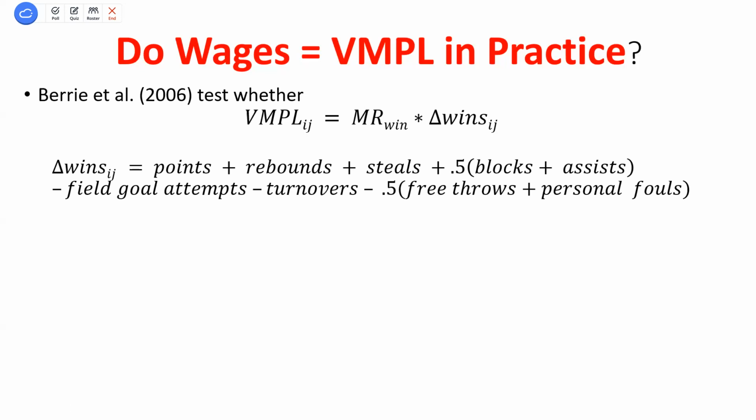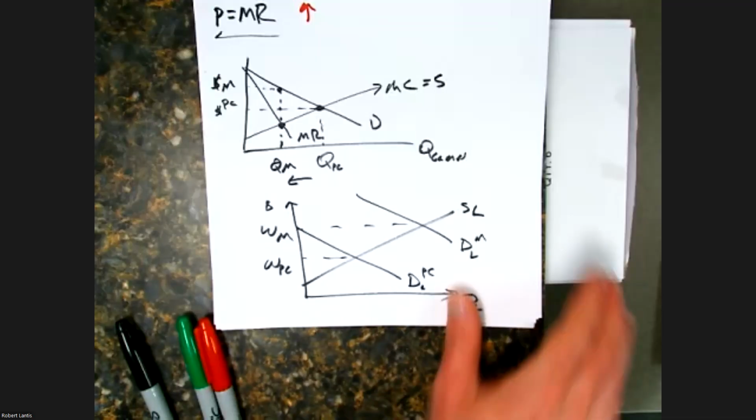Then they ran a regression and obtained coefficients on each of these that predicted, if you scored one more point per game in a season, how much did that increase the number of additional wins the team had? They had win data and player performance data, ran this regression and obtained all these coefficients. To give a little more context, I'll probably just use points to make the case. I won't write out every single variable they had.